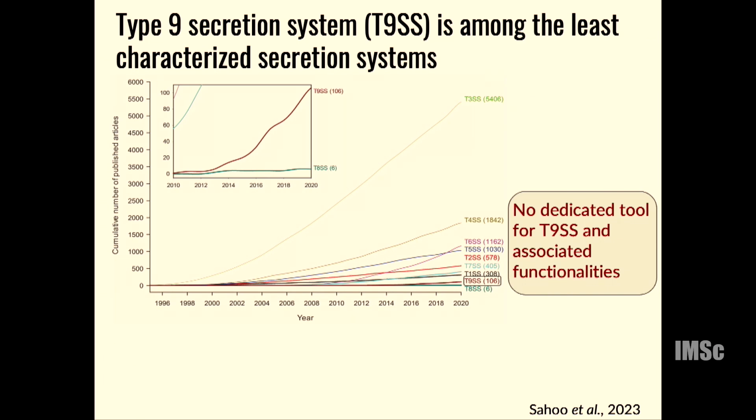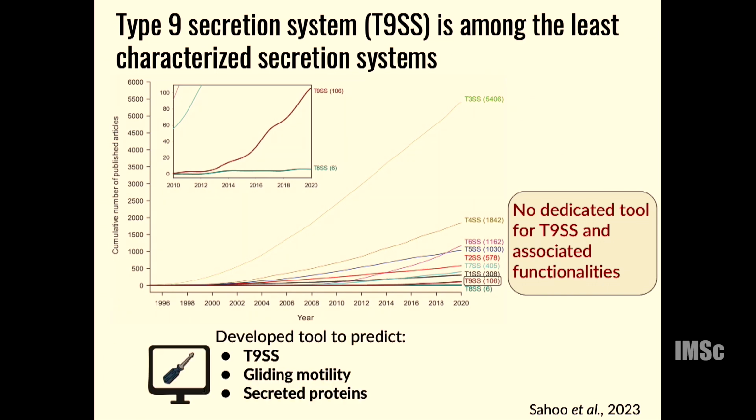So we are interested in these three questions. Can we develop a tool which can predict the presence of the type 9 secretion system, gliding motility, and secreted proteins in a bacterium where this secretion system is not characterized experimentally?